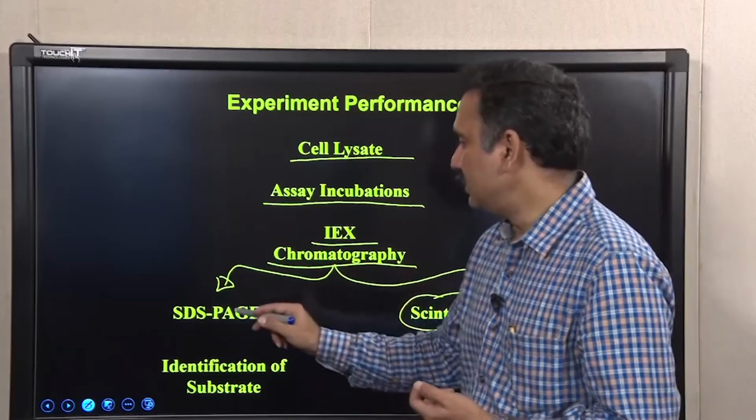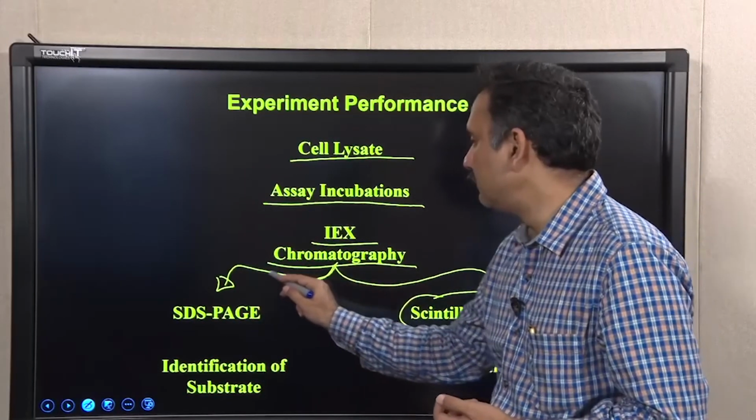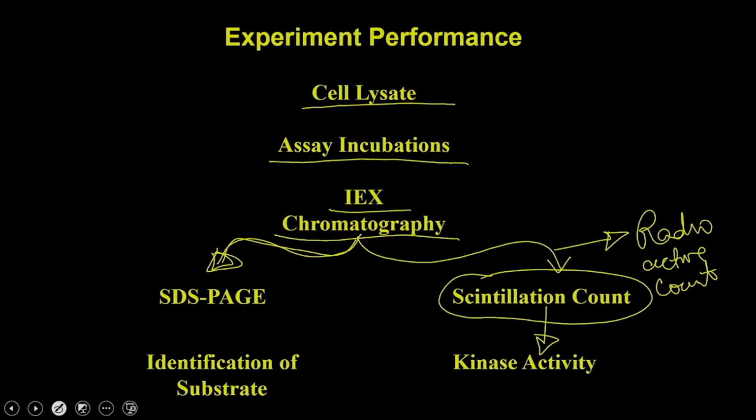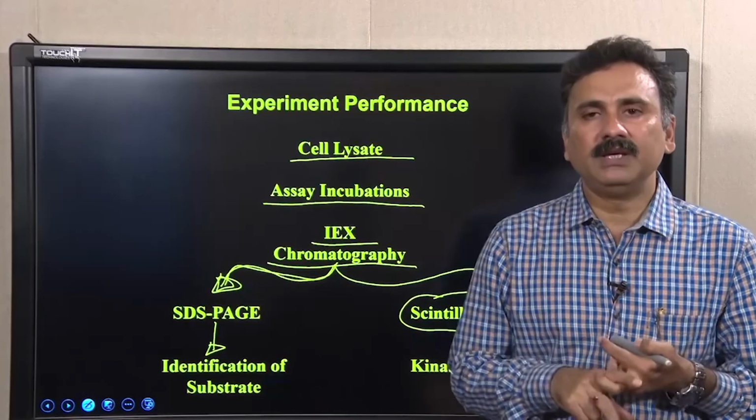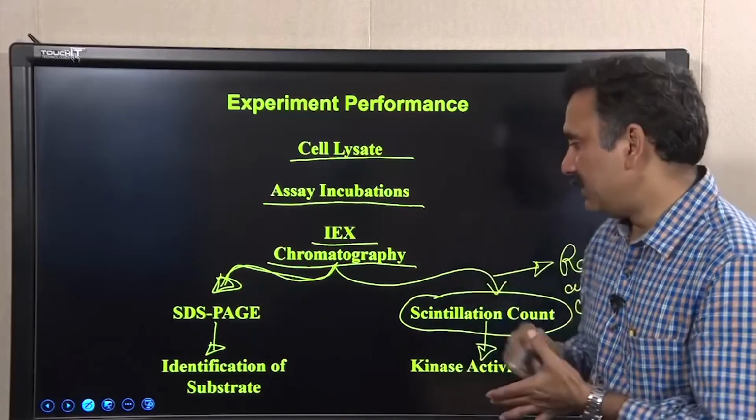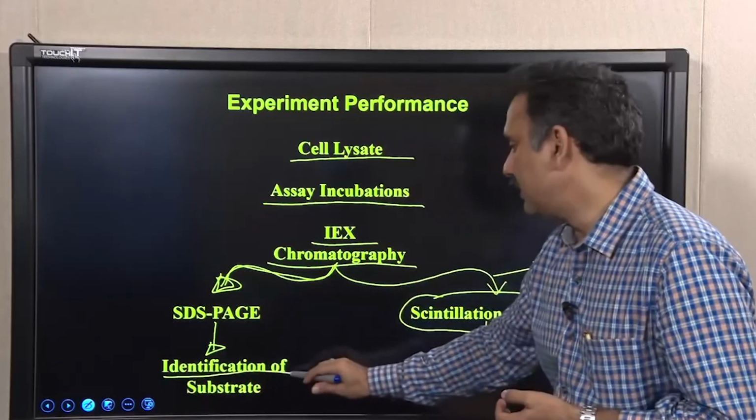On the other hand, you can also analyze the flow through by SDS-PAGE, followed by identification of the substrates. If you do the SDS-PAGE and then an autoradiogram, or Western blotting, you can even identify the substrates.